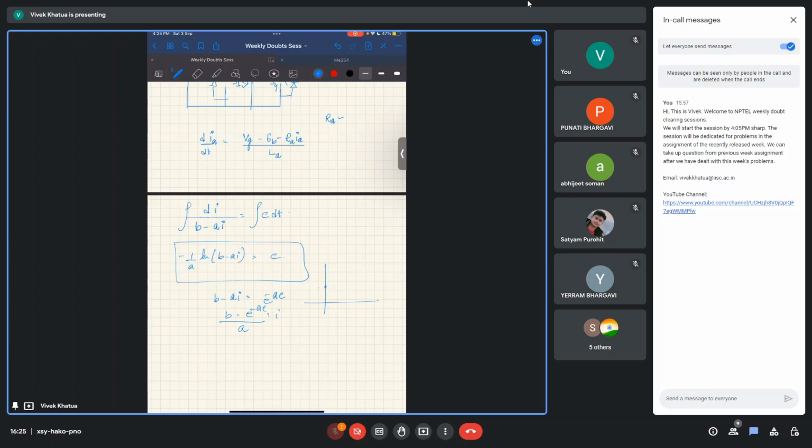Let's say you have started with some current, and then this will slowly rise and plateau. Something like this. So this is till the T on duration.